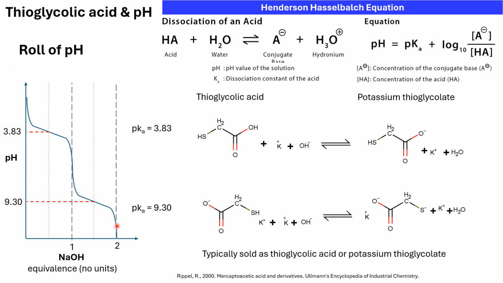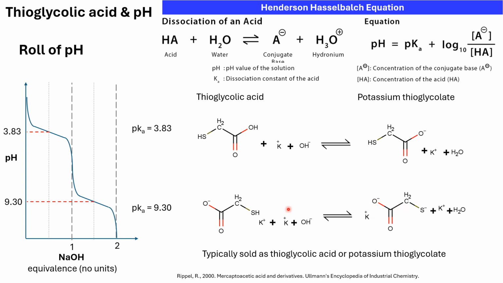Now what it means is to keep it in that state where you've actually got this sulfide minus grouping on, takes a lot of alkali, because it has to be maintained at this pH 9.3 or greater to actually ensure that the thioglycolate is in this form, because it's only in this form that it can actually interact with hair and start breaking down the sulfur-sulfur bonds that hold the strands of keratin together.